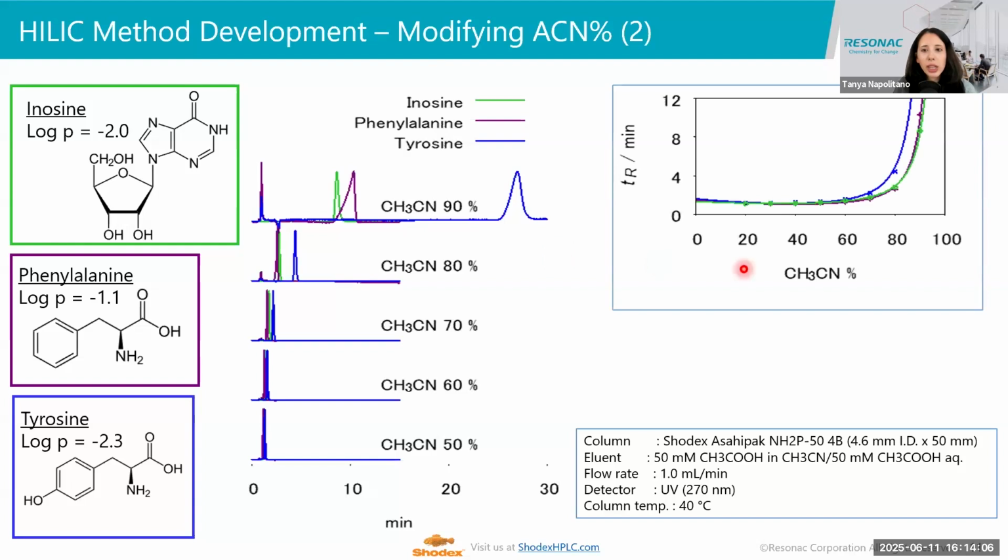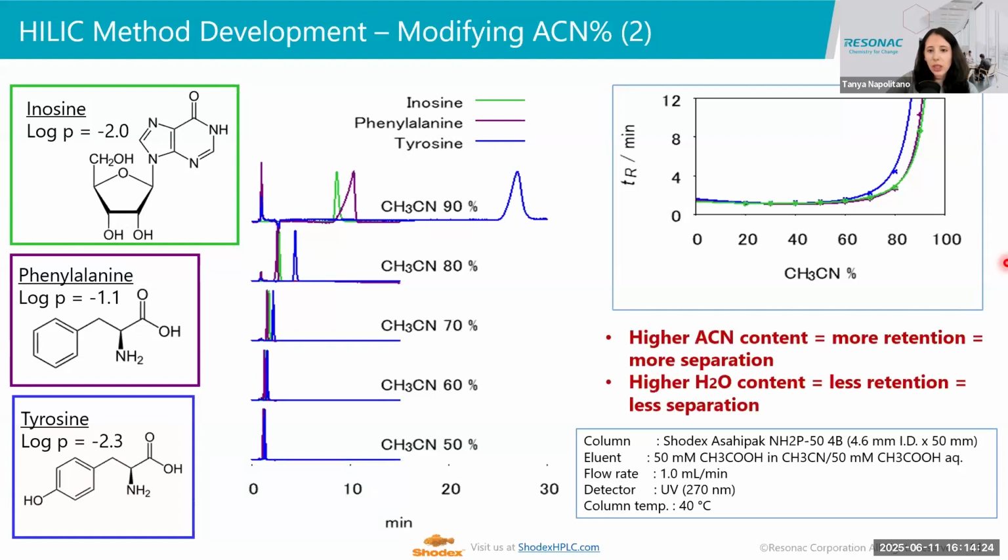Now, if you look at the retention plot here, you'll notice something important. It's not linear. There's a sharp increase in retention between about 70 and 90% acetonitrile. That's the zone where selectivity and resolution really improve and your analytes start to spread out more cleanly. That's why optimizing the acetonitrile content is one of the most critical parts of HILIC method development.